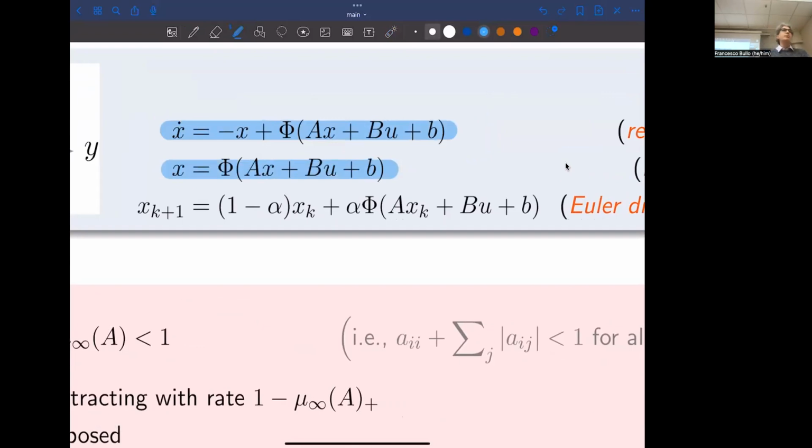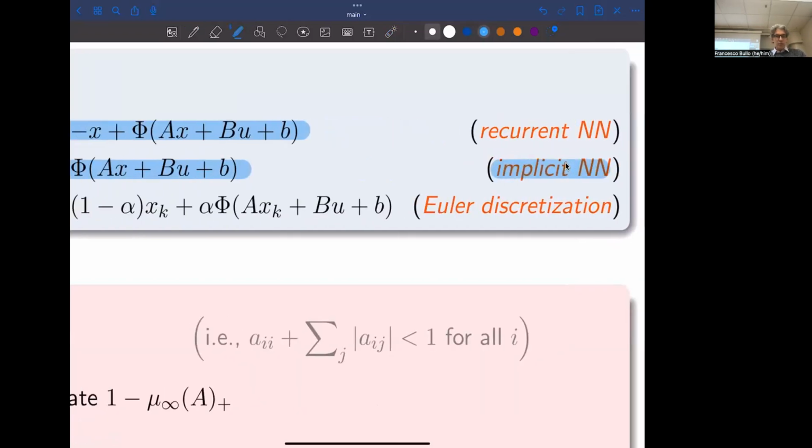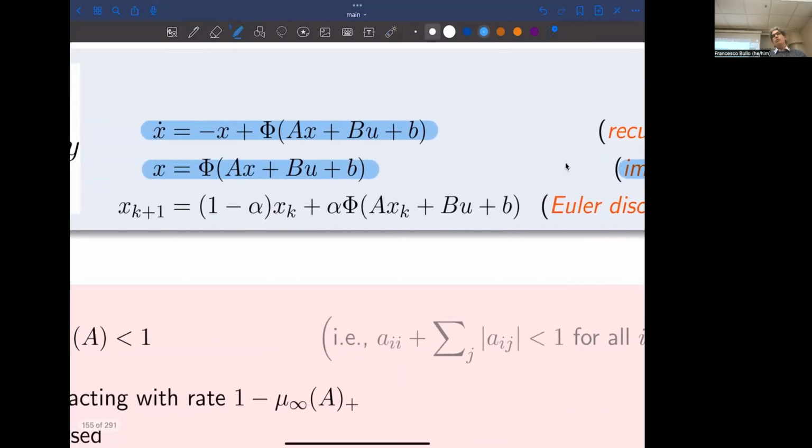That is the fixed point problem, which looks very similar to what we just said about the projected or the proximal operator. So that's a fixed point, and people call this an implicit neural network because, of course, the solution x, given a stimulus u and a bias b, is implicitly defined, right? Is x equal to phi of A of x?